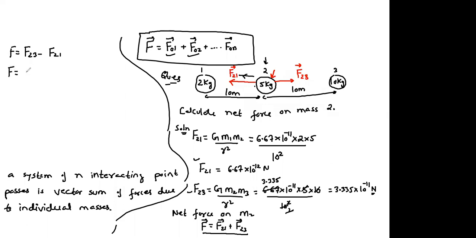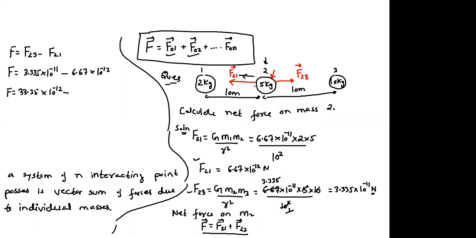So your F23 is 3.35 into 10 raised to the power minus 11, minus 6.67 into 10 raised to the power minus 12. You can even write this as 33.5 into 10 raised to the power minus 12.